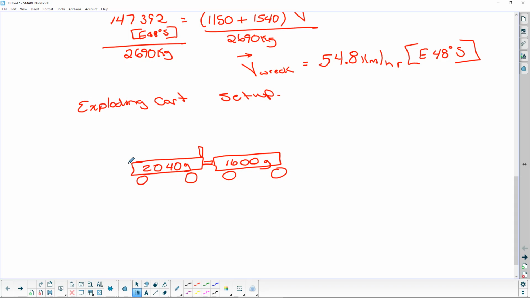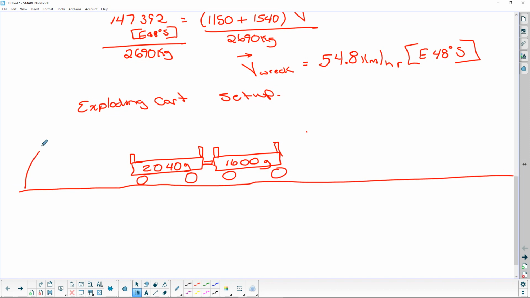Okay. And then what you do is, my carts have little edges on them like this. Okay, so you need a ticker timer here. So if this is your tabletop, over here you'll have your ticker timer, and you'll tape a tape to there.